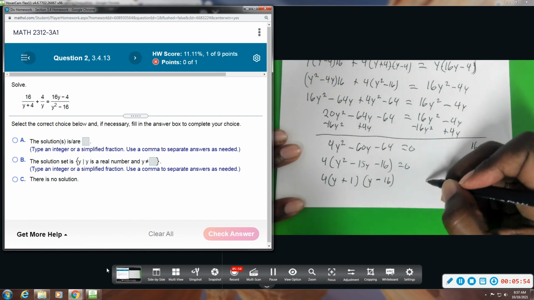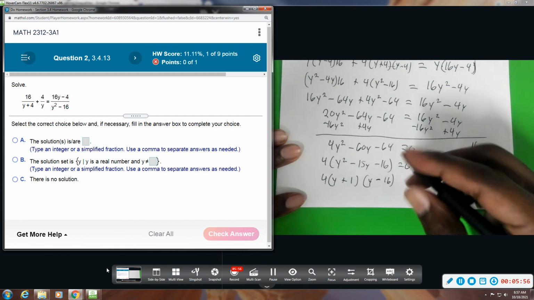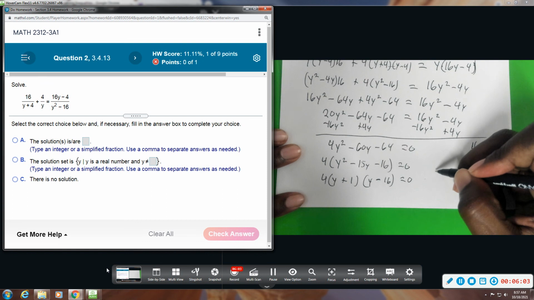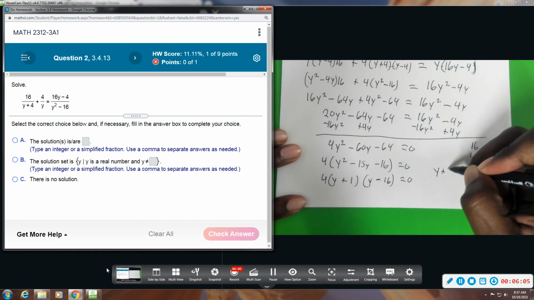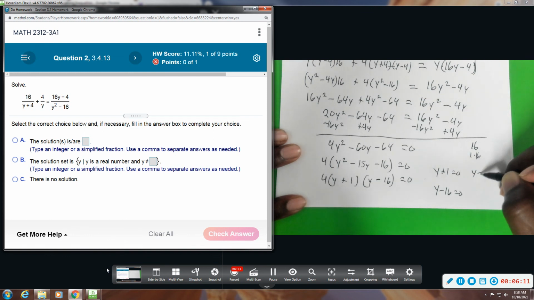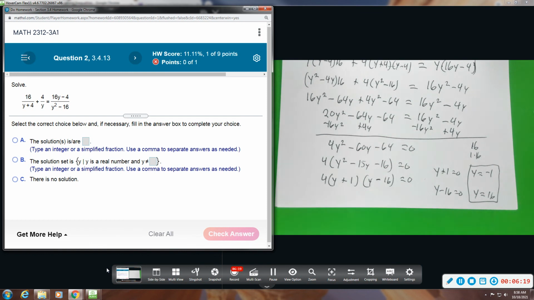And then if we set these terms equal to 0, well, you divide by 4, so that 4 would not be a factor, but the y plus 1 equals 0, and the y minus 16 equals 0. That will give us y equals negative 1. This will give us y equals 16. So we get two solutions, negative 1 and 16.